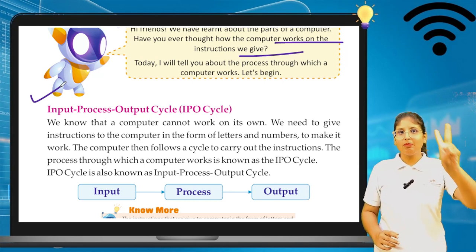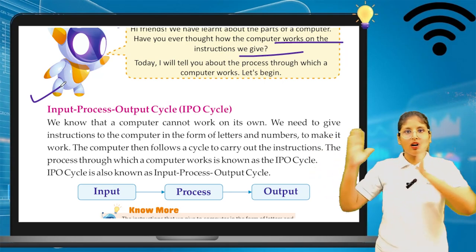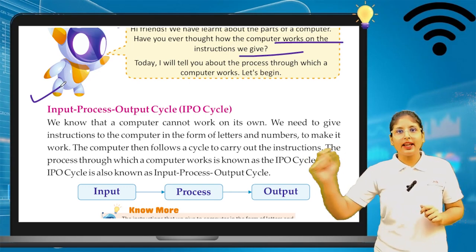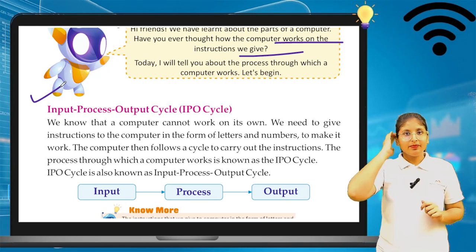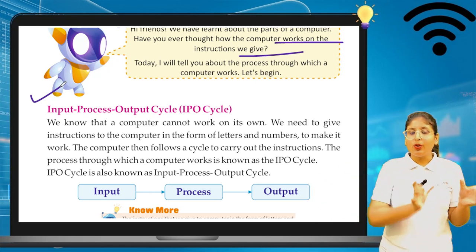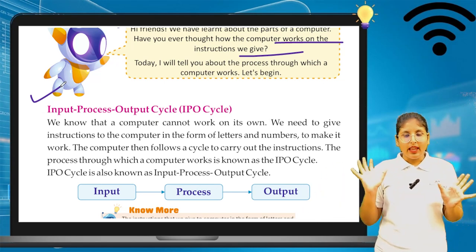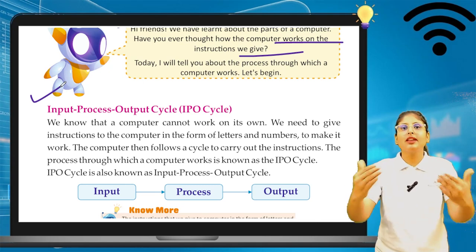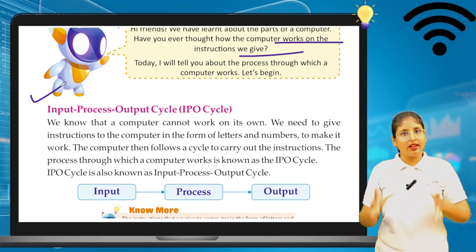This is the IPO cycle. IPO cycle means input, process, output. Let's have a look at how input, process and output work in our computer.